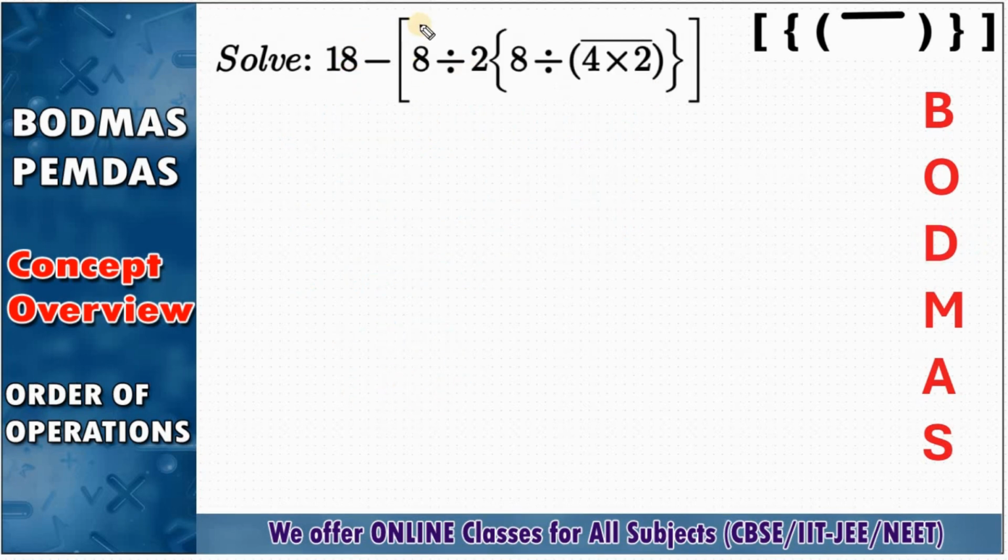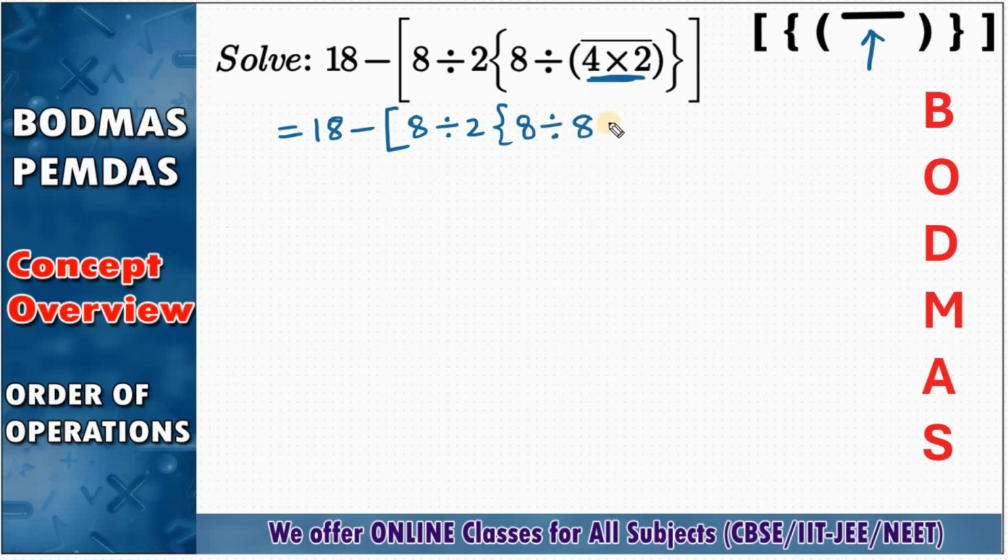In this example, I have brought all the brackets. Let us start from this bracket, that is line bracket, which is 4 times 2. Let's begin the problem. 18 minus bracket of 8 divided by 2, and then flower bracket, 8 divided by 4 times 2 is 8, and then flower bracket, and then square bracket.